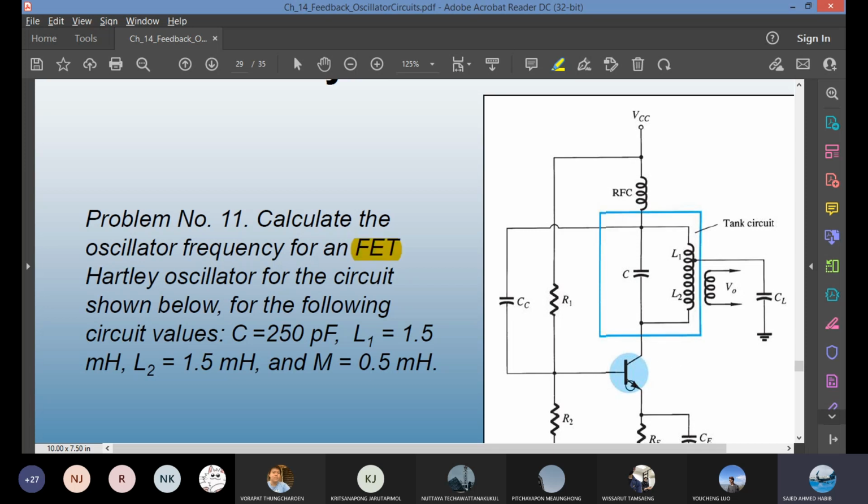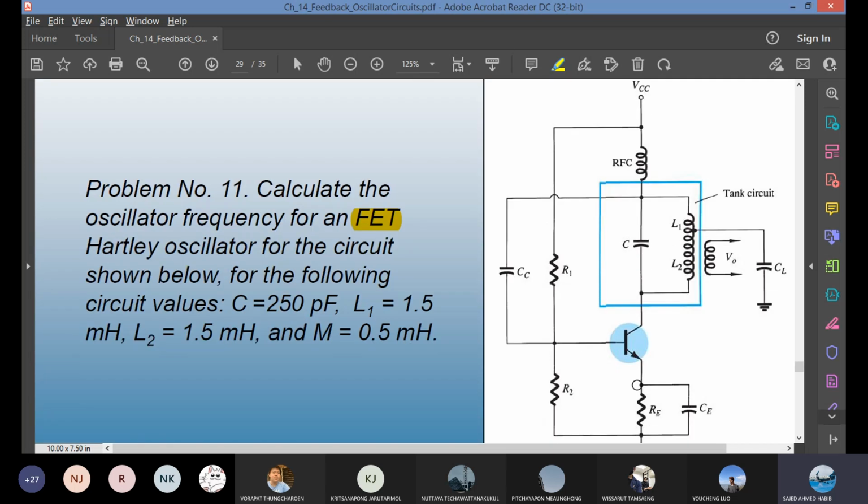This is a BJT. It should say BJT oscillator circuit. The given values are one capacitor of 250 picofarad, L1 and L2 each 1.5 millihenry, and the coupling factor M is 0.5 millihenry.